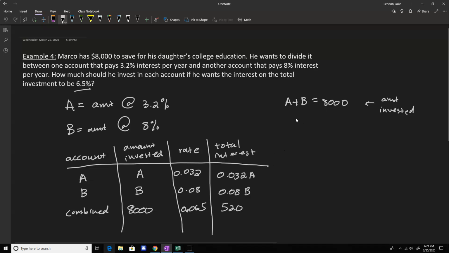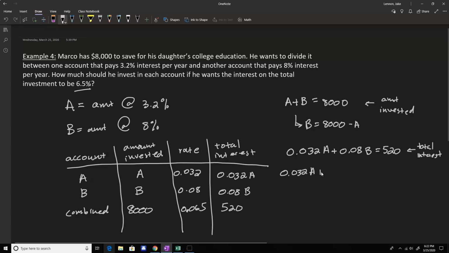Probably we're going to want to solve for B in the first equation, so let's subtract A. So B is going to be 8,000 minus A. Our interest equation is 0.032A plus 0.08B equals 520. And then we want to substitute out 8,000 minus A for B.